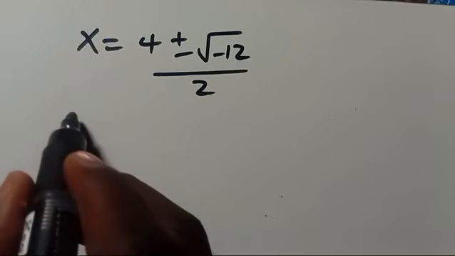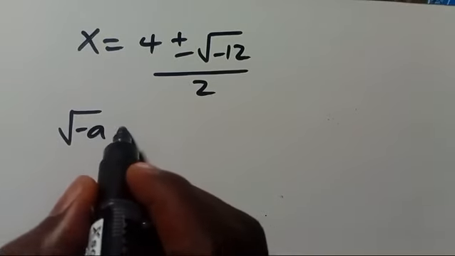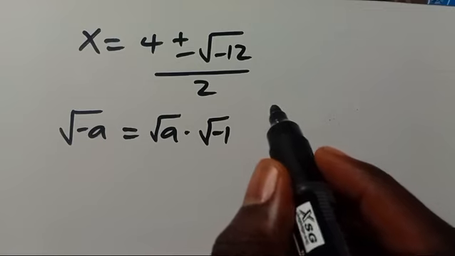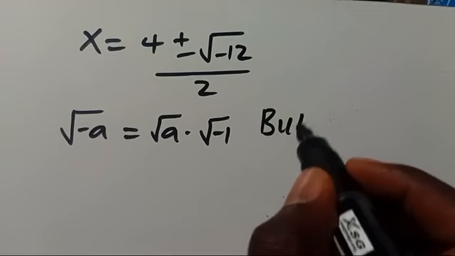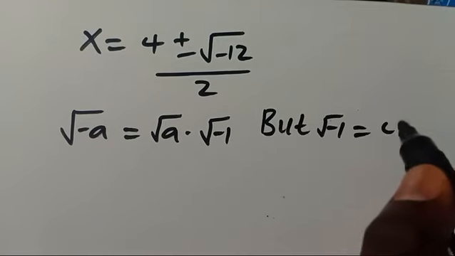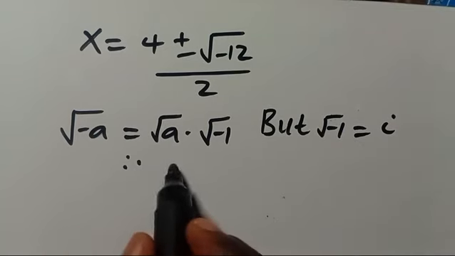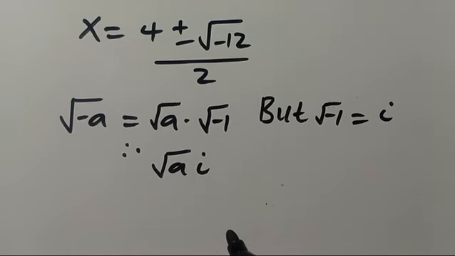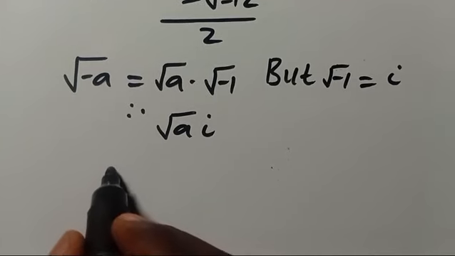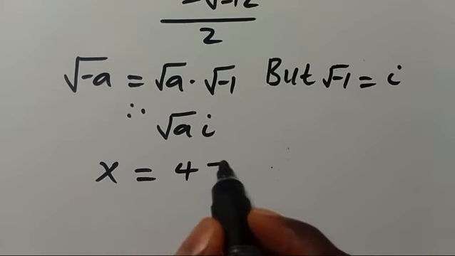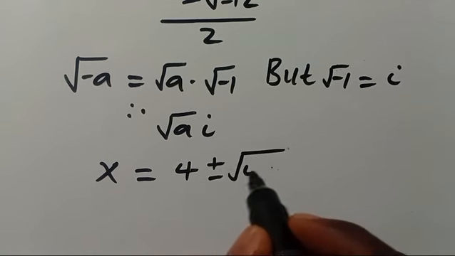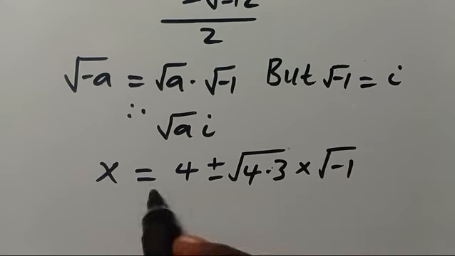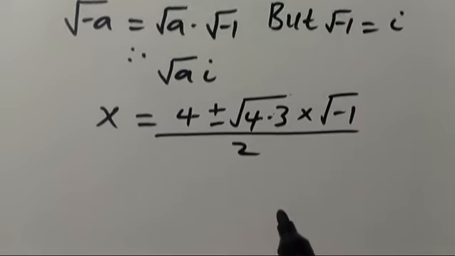So from here we have root of minus a equals root a multiplied by root of minus 1, but root of minus 1 equals i, so therefore this will be root of a multiplied by i. So this will now be x equals 4, positive or negative, root 4 times 3 multiplied by root of minus 1, all divided by 2.